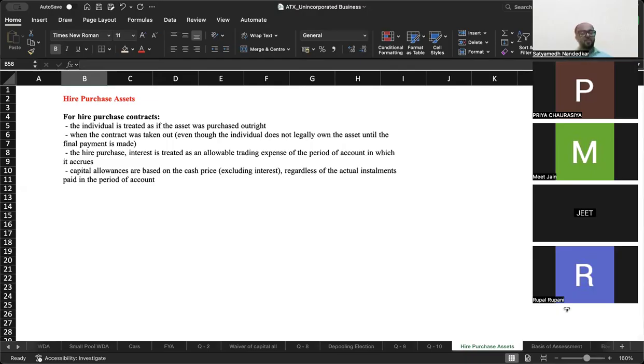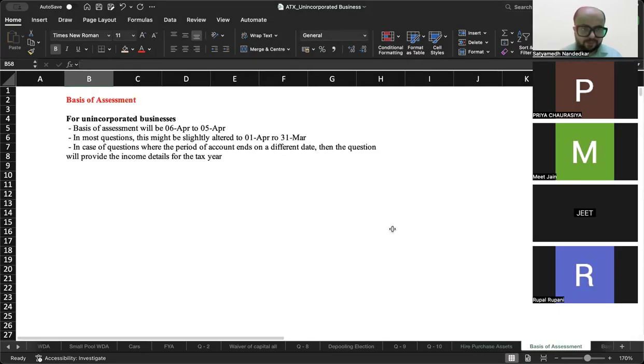So हायर परचेस में आपको जो डिडक्शन मिलेगा, you can think of it like a purchase on installments and the asset becomes yours at the end of the term, usually मतलब more like a finance lease. So the interest expense is allowed as a deduction and capital allowances are allowed on the cash price, not on the total amount including the installments.